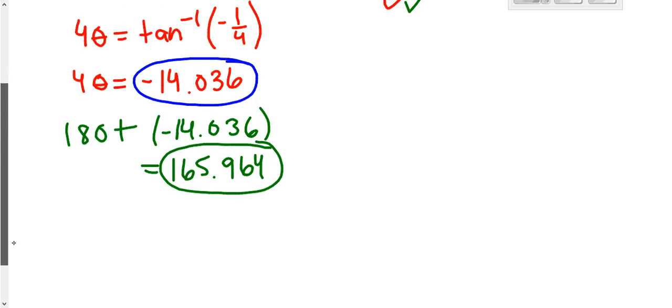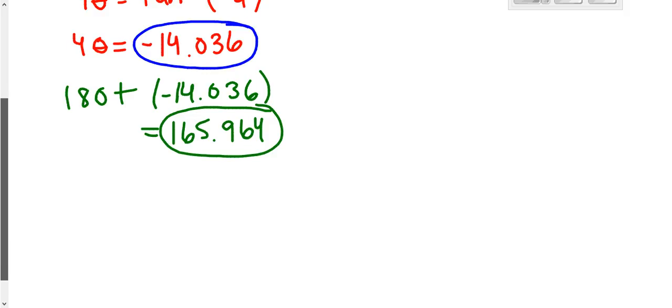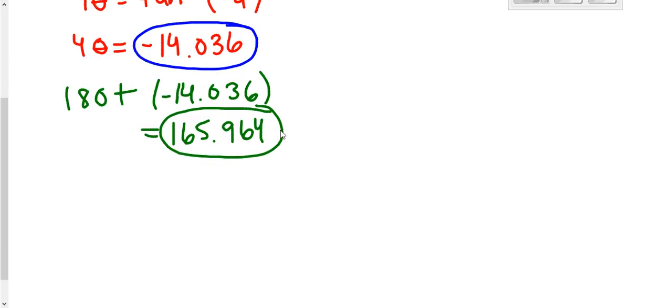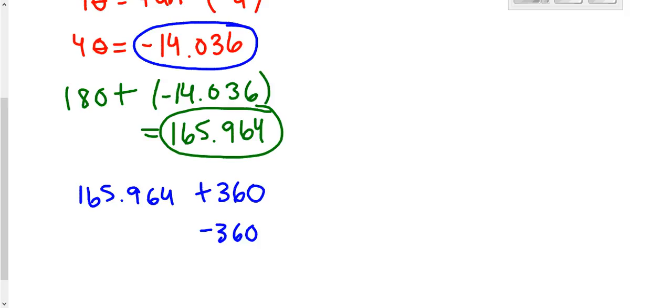So we first have, I took 165 first. So I did 165.964 plus 360, then minus 360. And when you plug that in your calculator, up here you'll get 525.964.